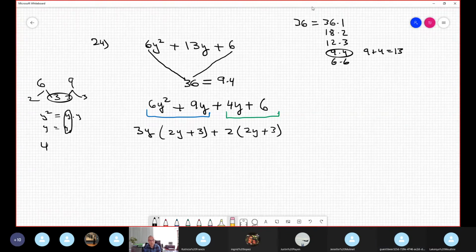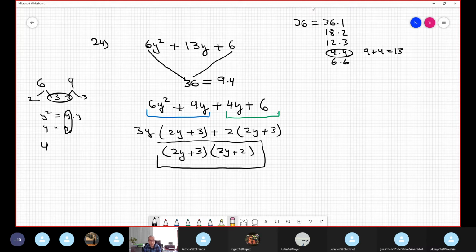I am happy because 2y plus 3 is a common factor. Inside the last parenthesis we have 3y plus 2. Mandatory, I need to do a verification, I need to go backward, because sometimes it doesn't work. I guarantee you it's seldom, but it happens.